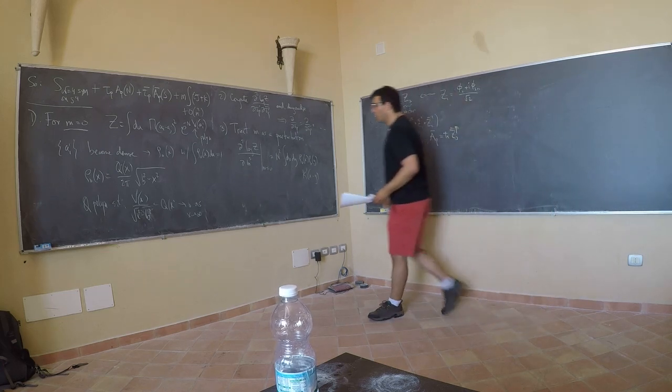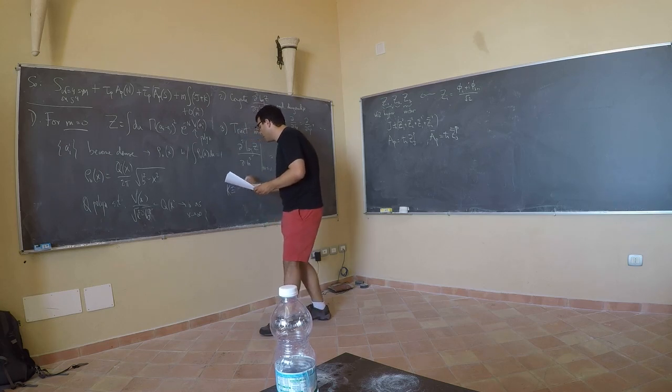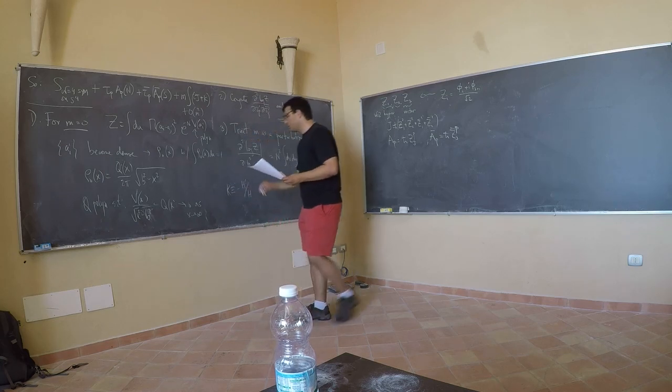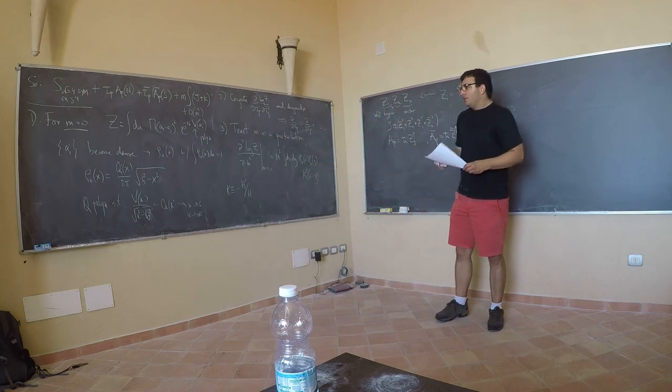So k prime, sorry, k is the same as minus h prime over h, where h is the product of our two functions that appears in the paper.